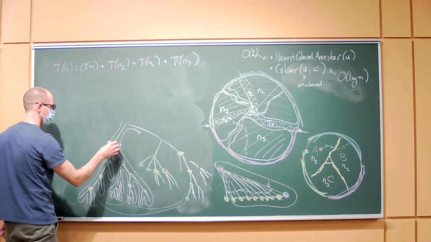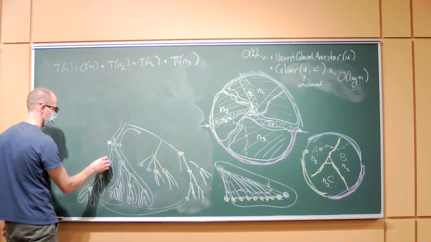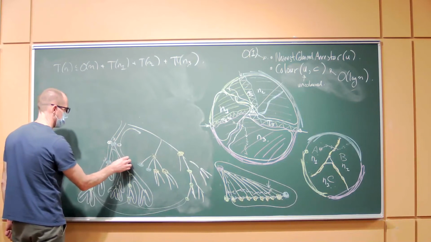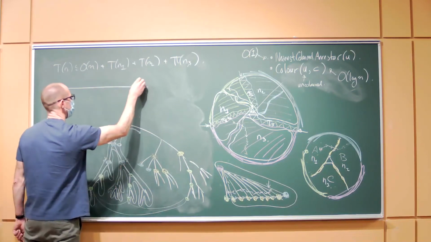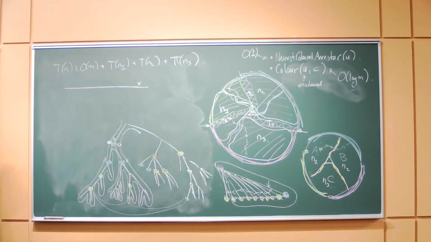If this is the node X, and these are nodes Y and Z, then you'll find that the interval for X looks like this.